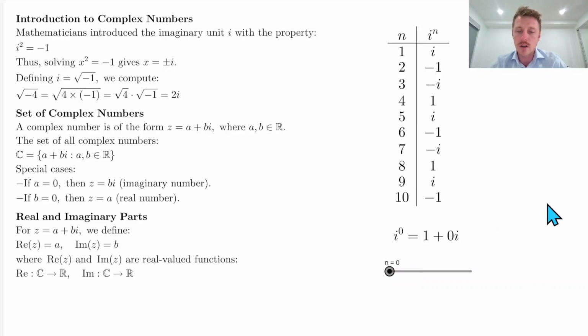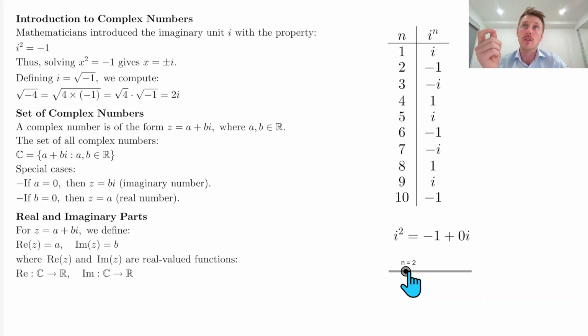Okay, and then we can cycle through them. So i to the power of 1 is, as we said, i. For i to the power of 2, we're taking the square root of -1 squared. If you square something that's already had the square root taken, you just get back the thing underneath the square root, so you get -1. So i squared is -1, but obviously we defined that there, so potentially over-explaining that.